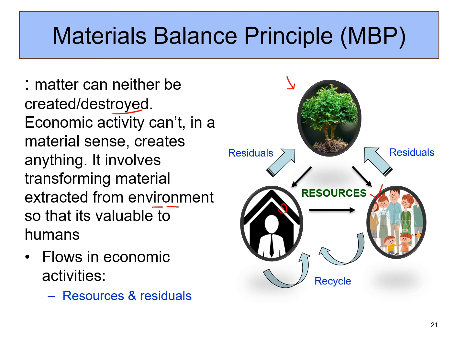Definitely the consumption from the household and the production from the producer will create residuals. These residuals will be sent or thrown to the environment. And some of the residuals from the firms and from the household can actually be recycled.